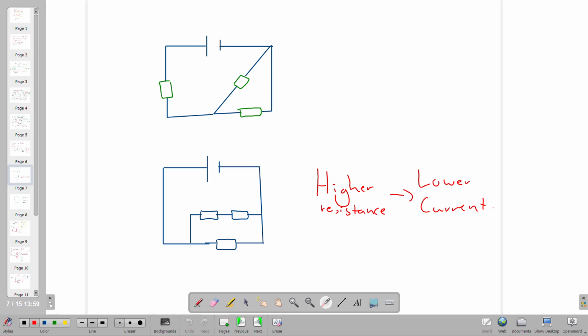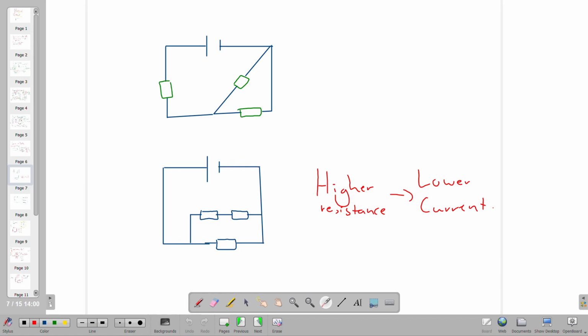But the moment you see a split in your circuit, you must be able to identify which resistors are in parallel to each other. Same in this example, current is flowing through. At this point there's a junction, it splits and it goes the other direction as well, and then it meets up again, the main current finishes off.